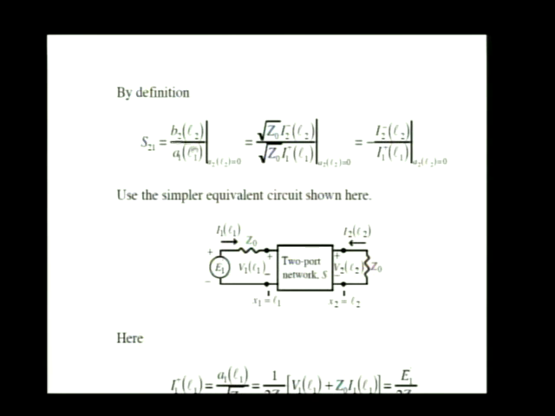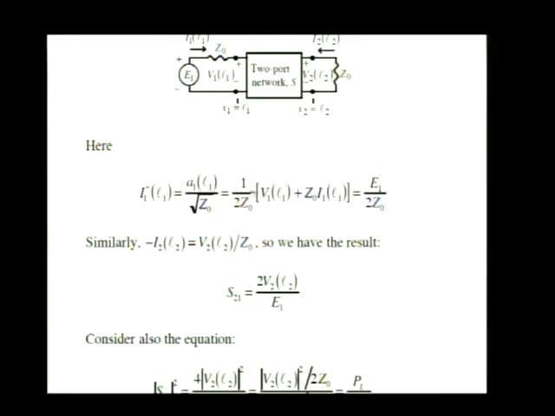This is just the definition of S21. But I had formulas previously for these two quantities. Here they are. And nicely enough, the square root of Z0 cancels out, and I have the following formula in terms of the circuit quantities: current emerging from port 2 and current incident on port 1.